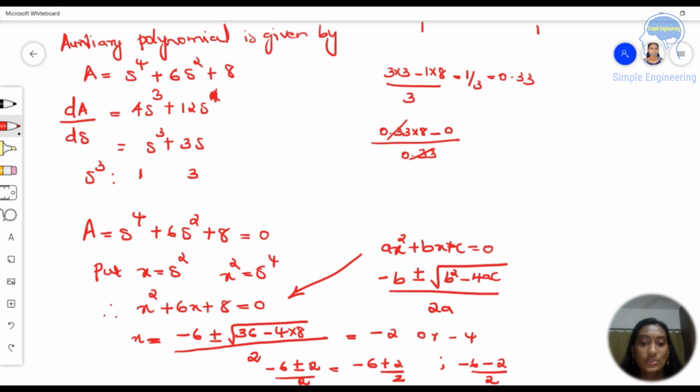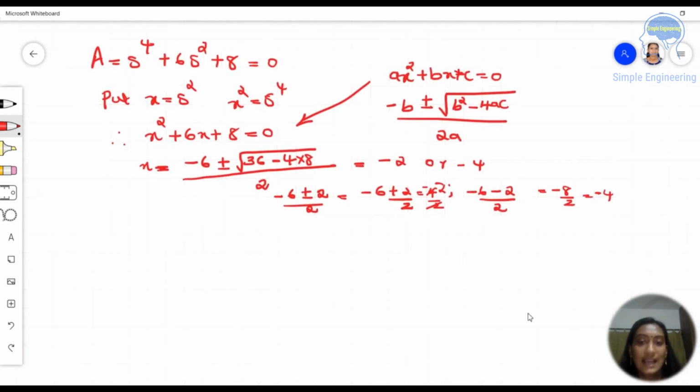So minus 6 plus 2 is equal to minus 4 by 2, that is equal to minus 2, and here it is minus 8 by 2, which is equal to minus 4. So you got the value of x as minus 2 or minus 4, which means x is our s square. So s square is equal to minus 2 or minus 4.